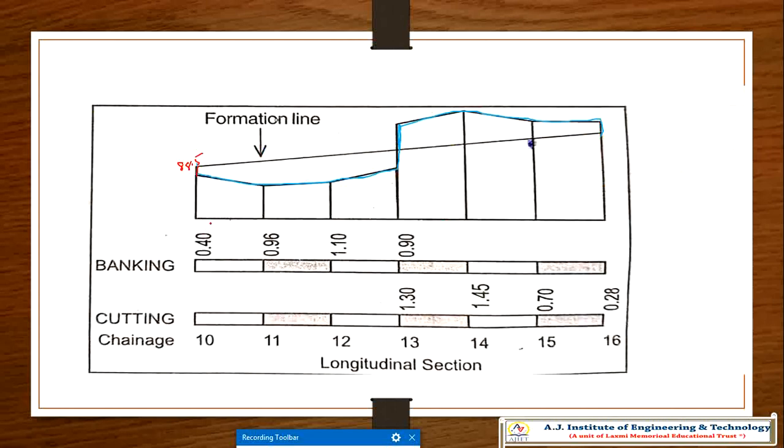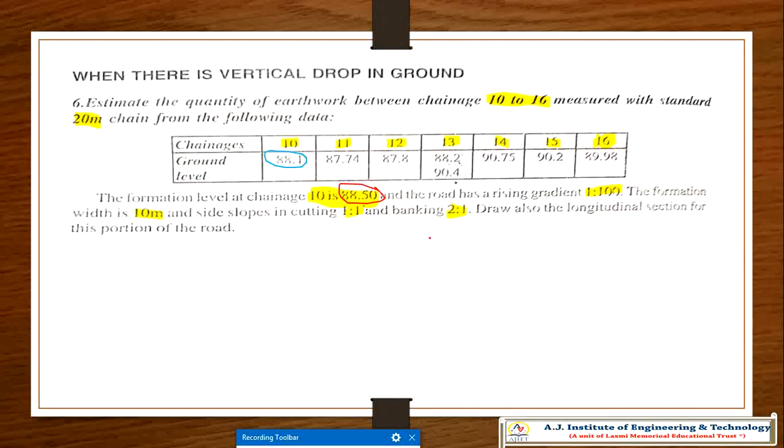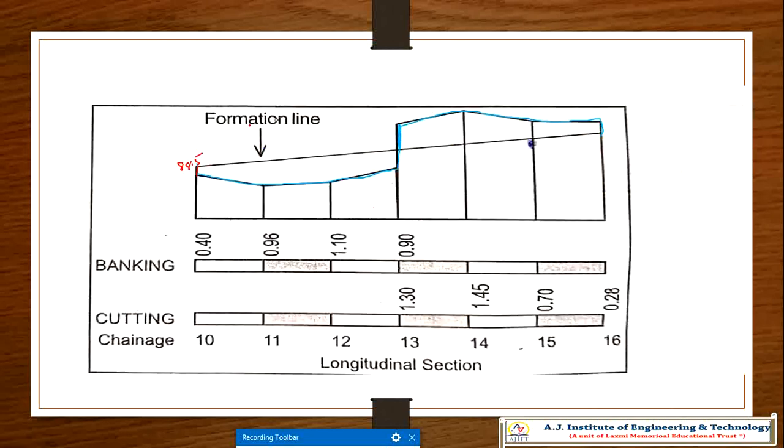So every 20 meters there will be a 0.2 meter rise, because it is a rising gradient. So year to year, point to point, it rises, and after that it ends here. So this is your formation line.